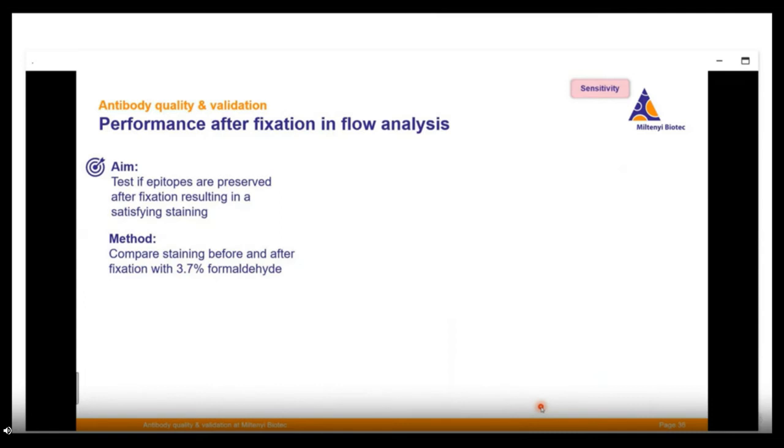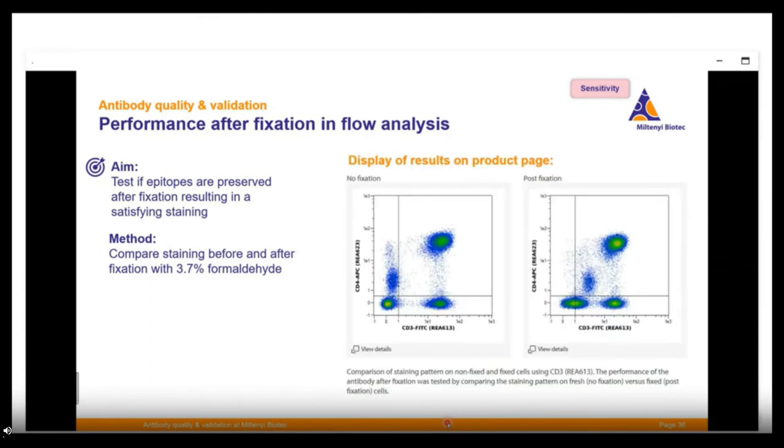Fixation actually is a very important topic, as I can imagine a lot of you perform experiments on cells that are already fixed, or you have to perform a certain fixation step, and you need to make sure that the antibody will perform well in such fixed cells. Here we perform a staining of our antibodies before and after fixation with formaldehyde.